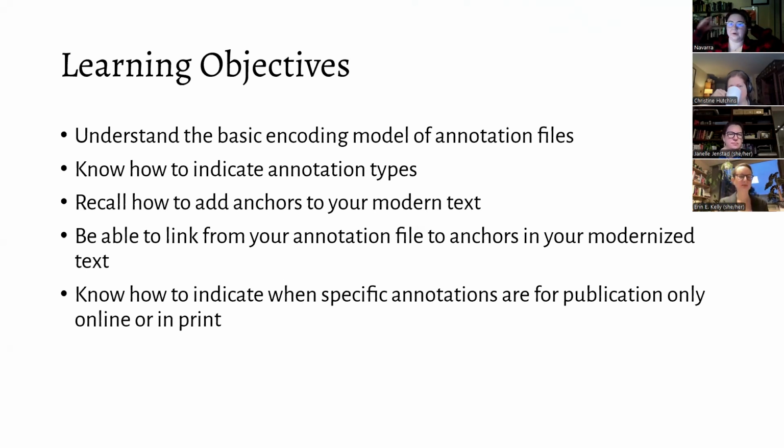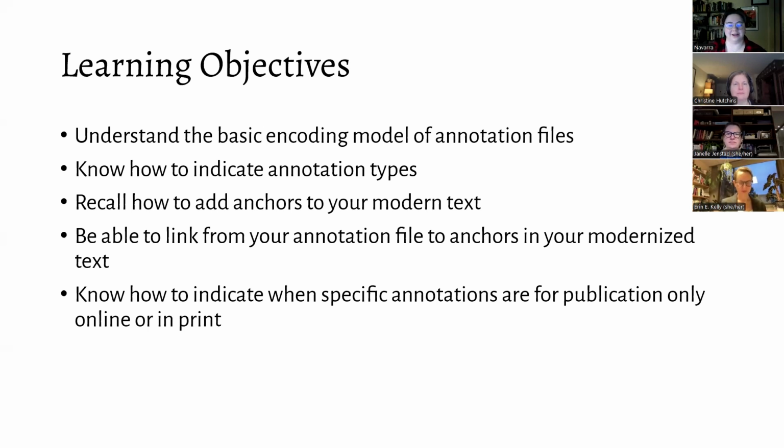Okay, so today we're going to go through a few things. If you were at the last webinar on the editorial side of annotations, some parts of this will be familiar. This is the second half to round out that learning. We're going to take a look at the basic encoding model of annotation files. We're going to talk about how to indicate your annotation types. Last webinar, Janelle talked a bit about the 7 different types of annotations that we have.